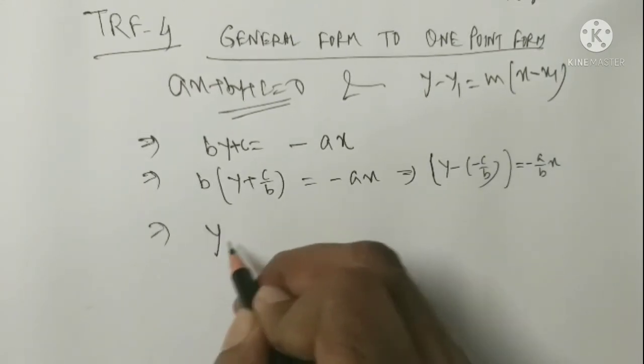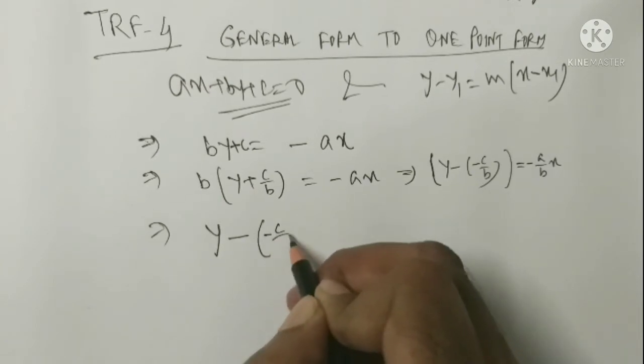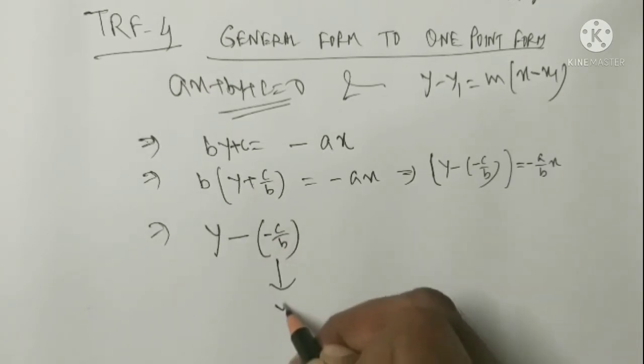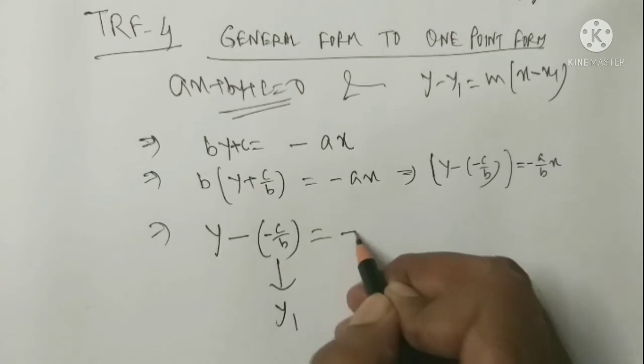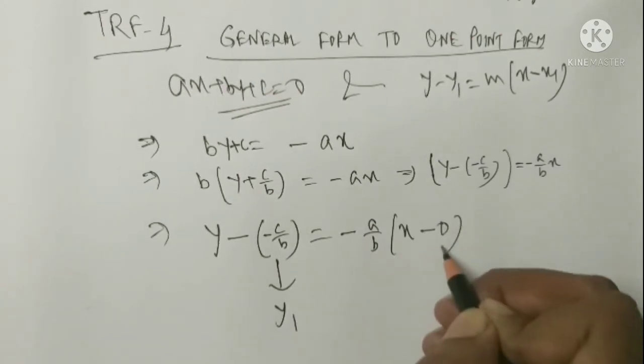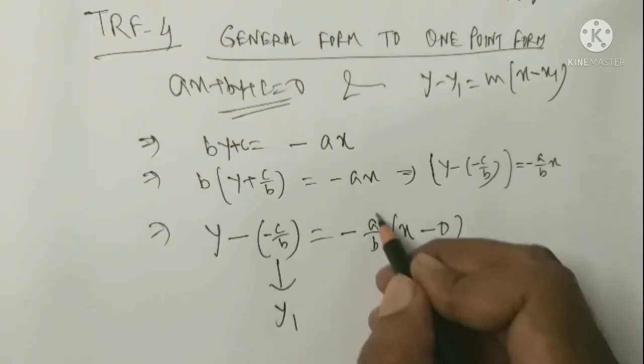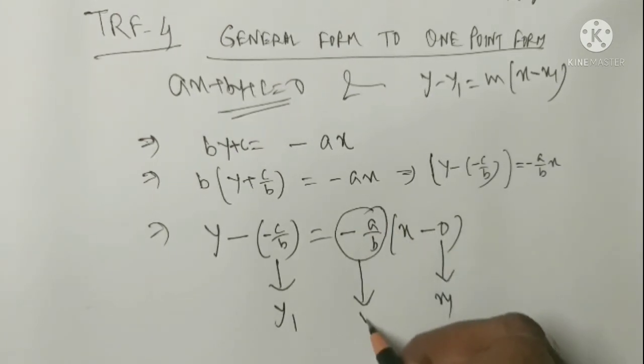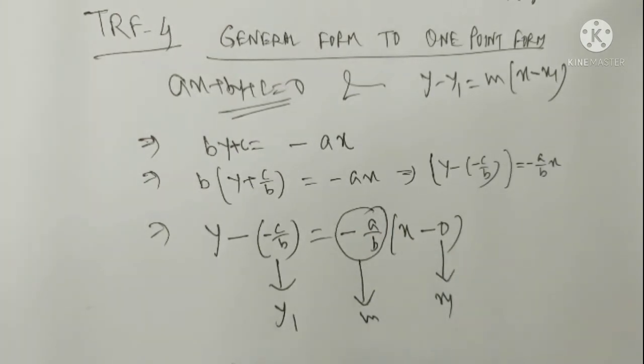Now y minus, this part is y1, equals minus a by b times x minus 0, this is x1, and this part is m. Therefore, it has been established that y minus y1 equals m times x minus x1 form. This is one-point form. Our mission is complete.